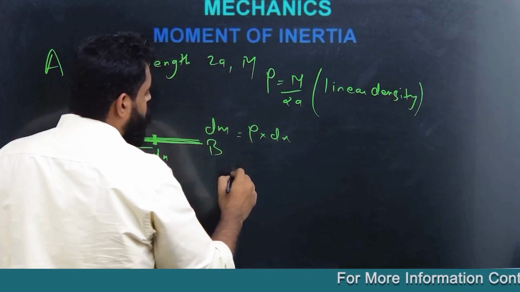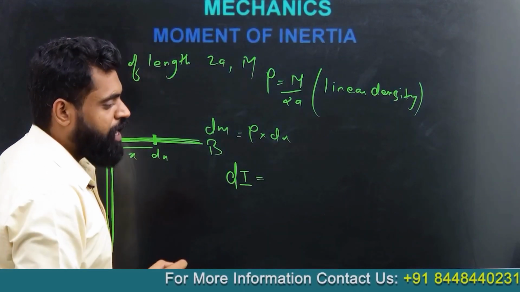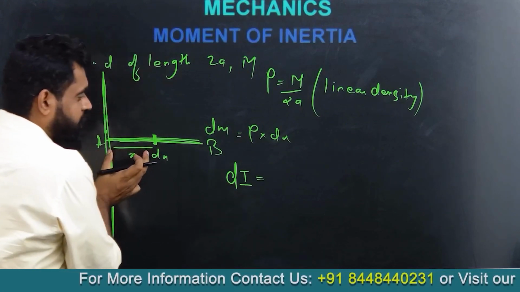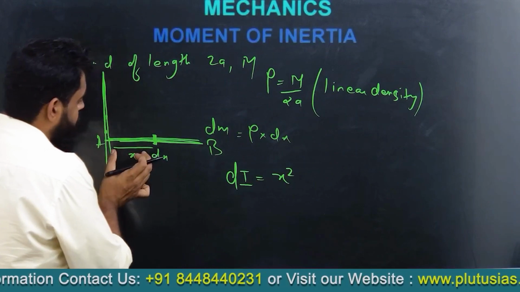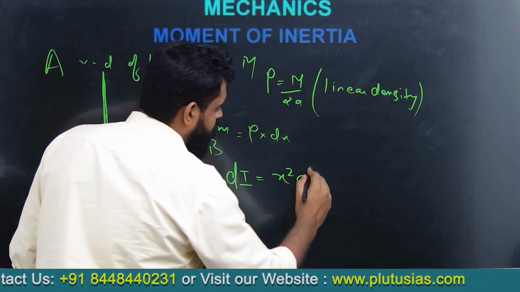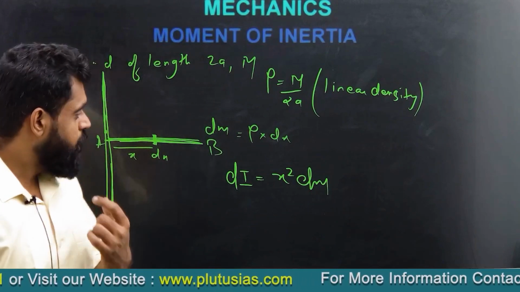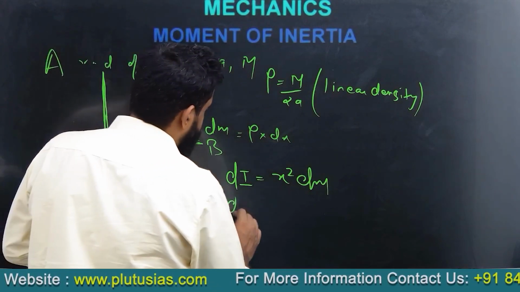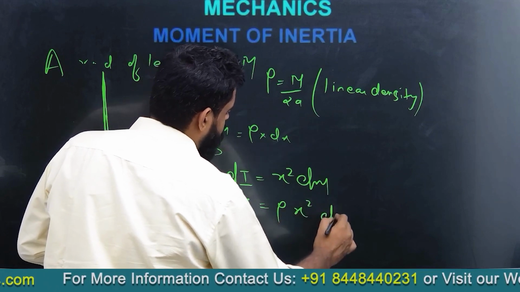So what would be the moment of inertia? dI would be the distance from the axis, that is x square, and the mass, that is dm. So we have dI equal to rho x square dx.